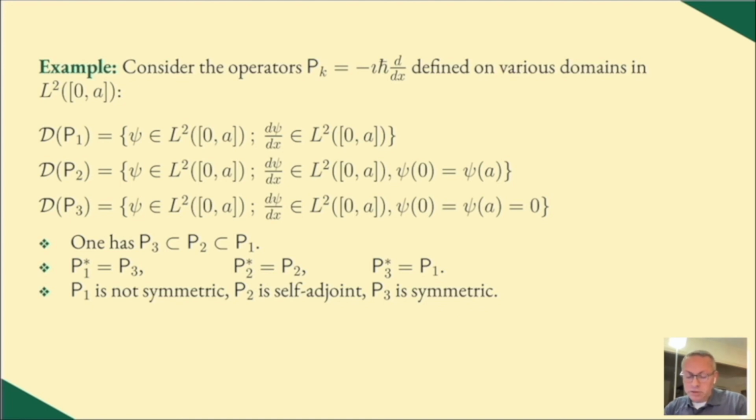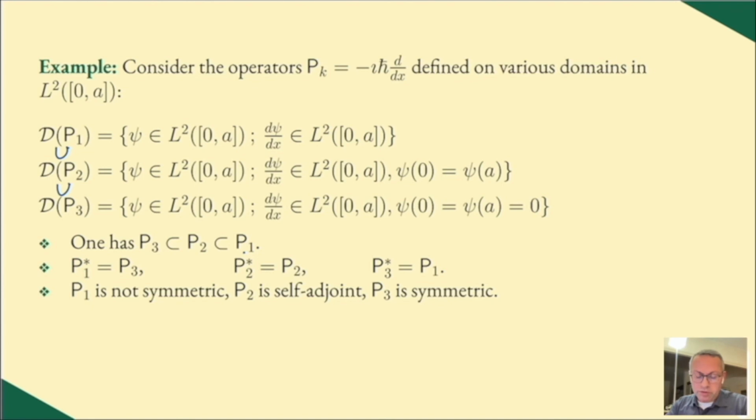But here this makes sense because psi is continuous. Well, it's obvious that we have these inclusions of sets, so therefore P1 is an extension of P2 and P2 is an extension of P3.